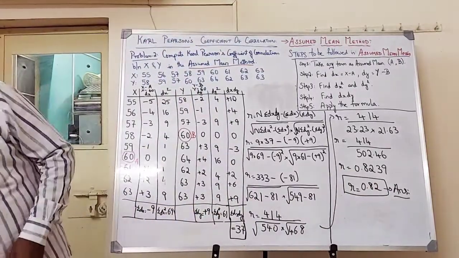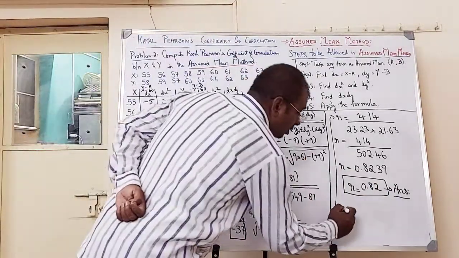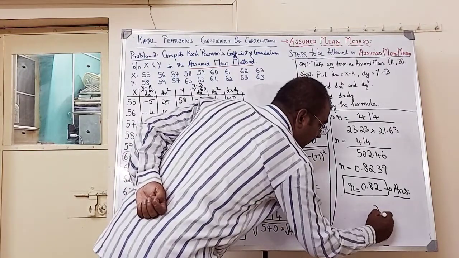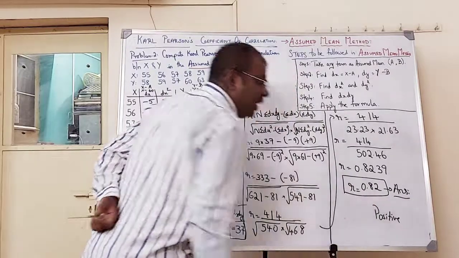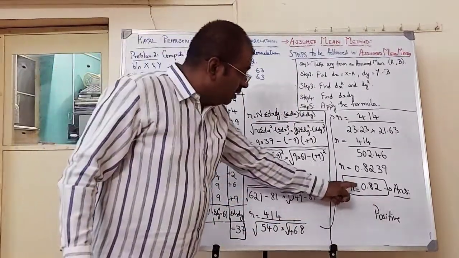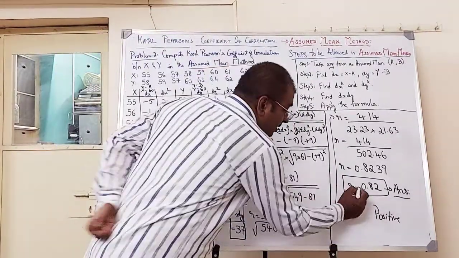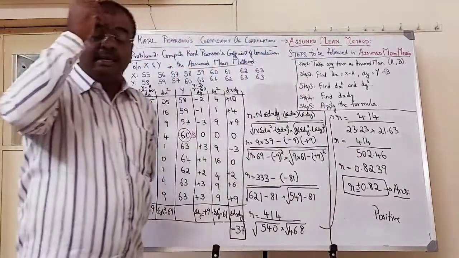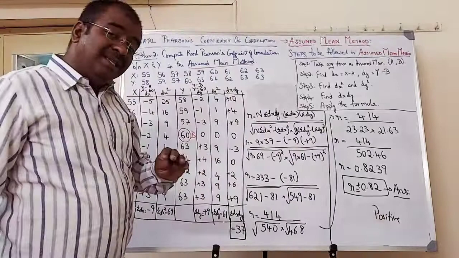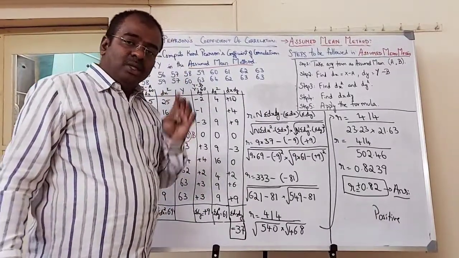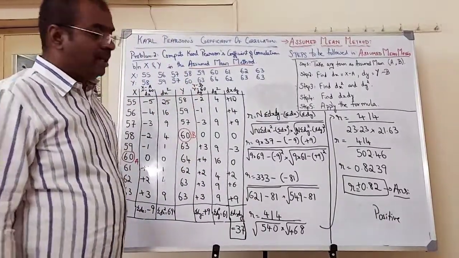So what is the interpretation that we're getting is that the correlation is first of all positive. I repeat, the correlation is positive. If there is no symbol here, it means it is a plus. So the direction of the correlation is positive. And what is the degree of correlation? So what is the mathematical value given to that correlation?